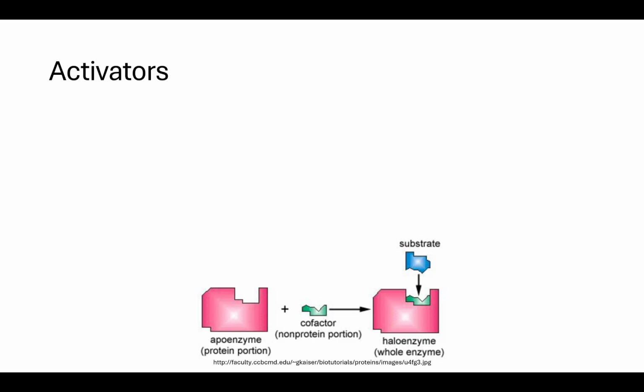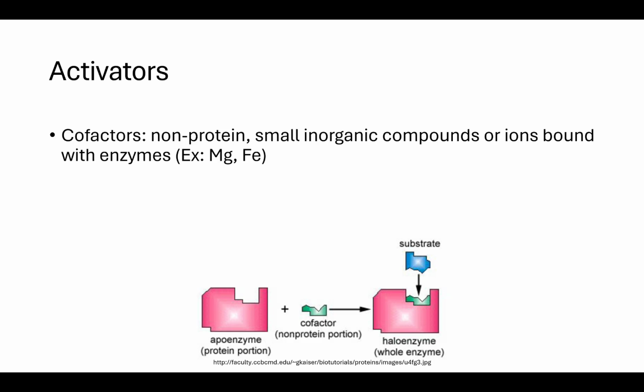Now, enzymes, and we're going to talk in the next lesson about things that affect enzyme activity, but you can have some other molecules involved. So you can have activators like cofactors. These are non-protein, small things like ions or inorganic compounds, maybe magnesium or iron, that bind to enzymes and help them function properly. There are also coenzymes, which are also non-protein, but are organic molecules.